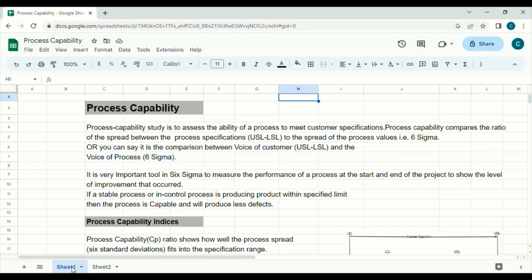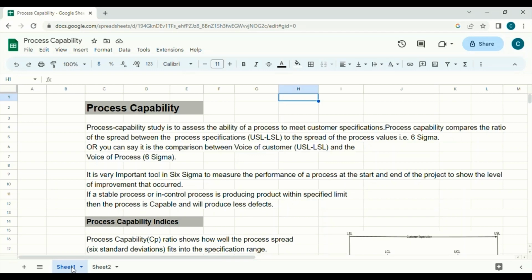Or you can say that it is the comparison between the voice of customer and the voice of the process. Voice of customer is the USL minus LSL, and the voice of process is Six Sigma, which is the process spread.